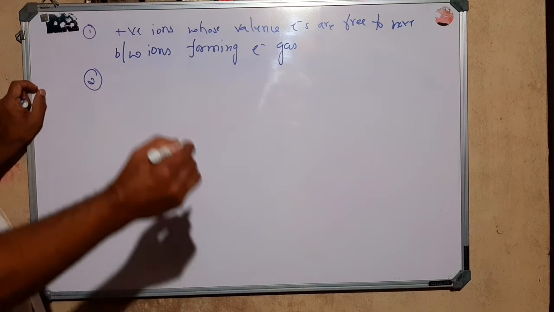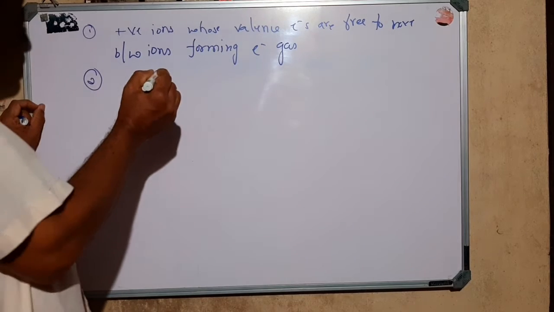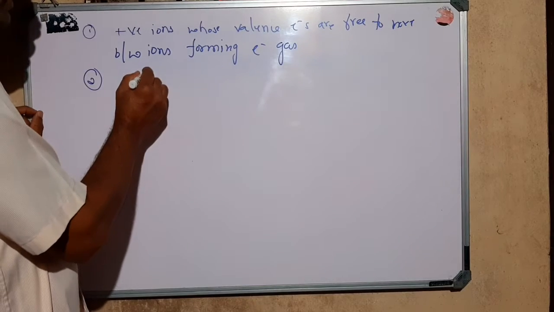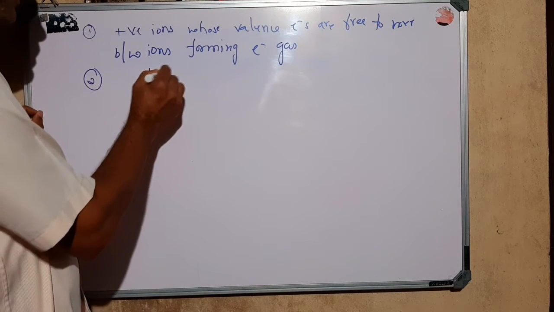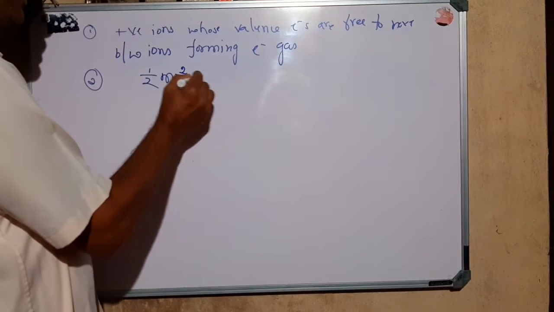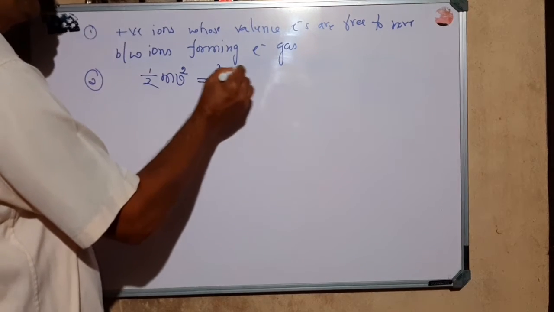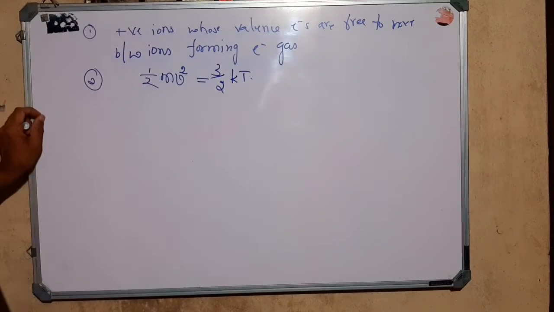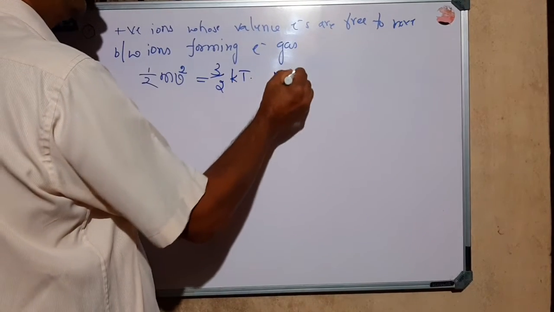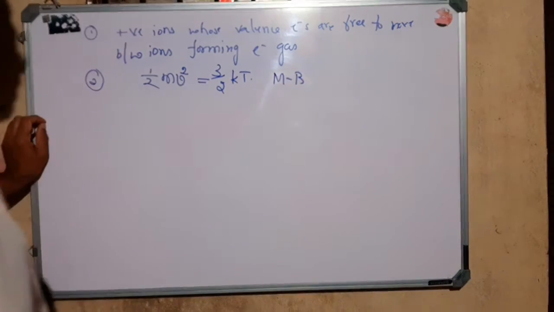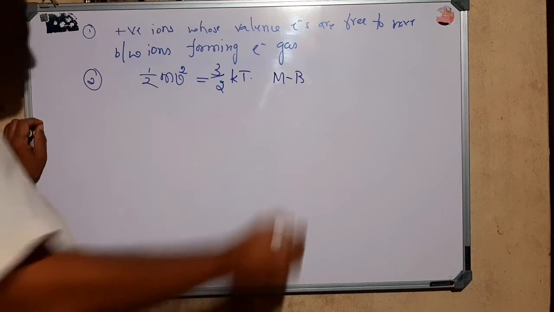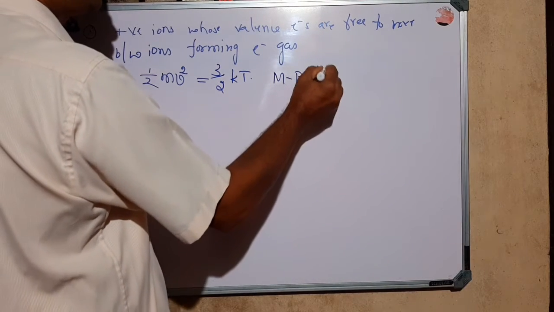Therefore, electrons are equivalent to gas molecules, hence kinetic energy of free electrons is equal to 3/2 kT. So it uses Maxwell-Boltzmann distribution law, that is MB distribution.